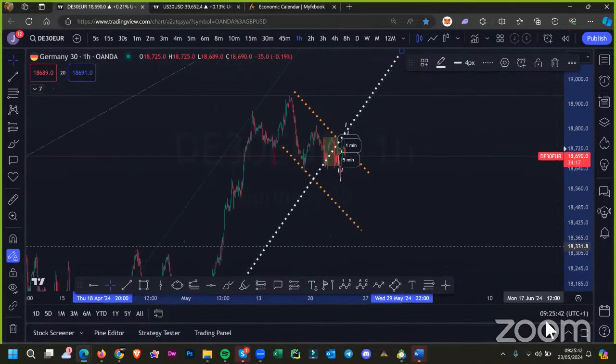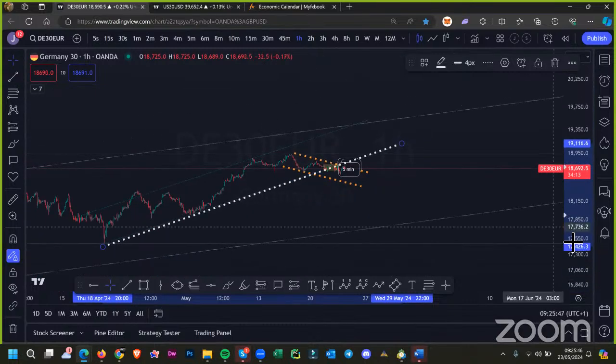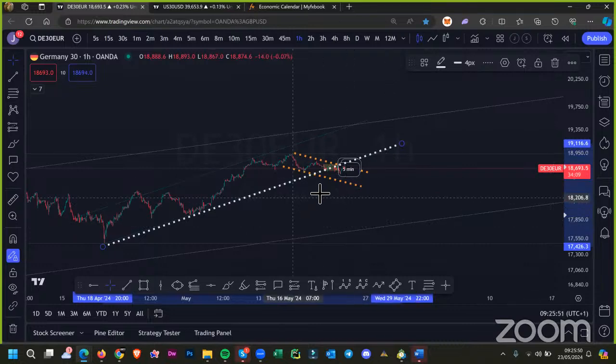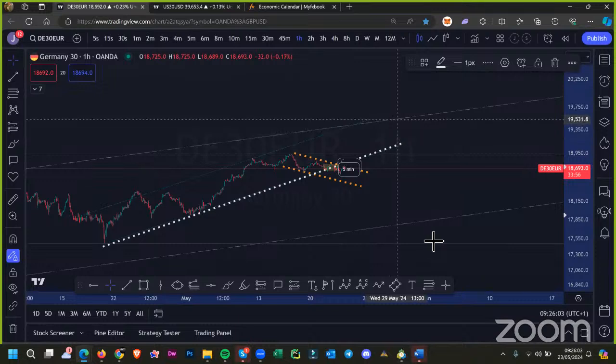That white line was the bigger Russian doll. Bigger than the orange. But because we started trading outside of it, and for where we are in the even bigger Russian doll, this market could decide to go in this direction. Because we're kind of in the middle of this bigger white range.